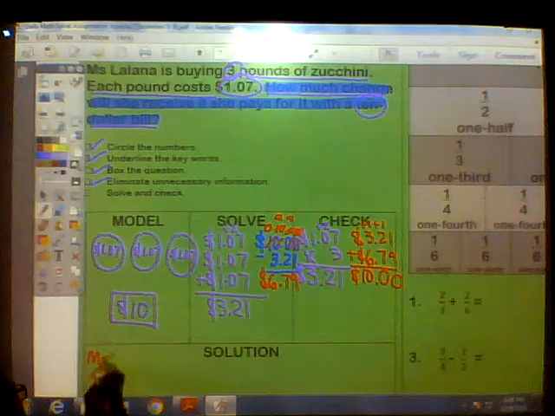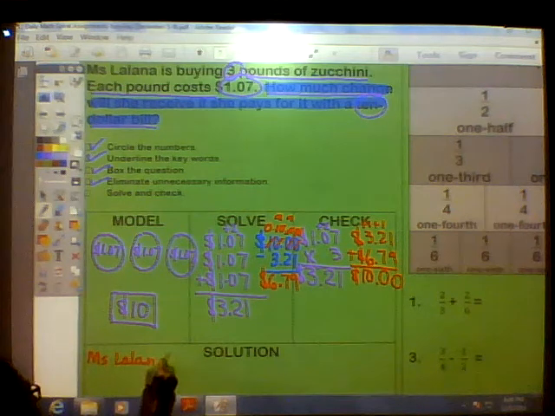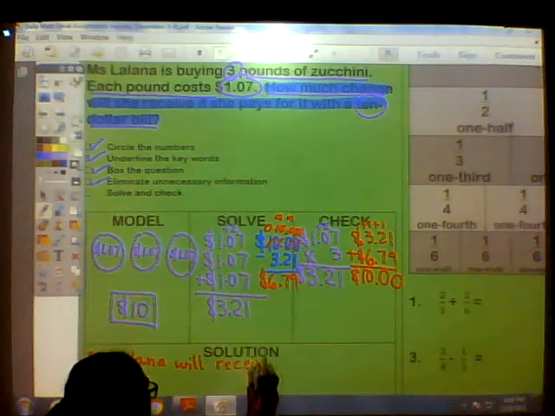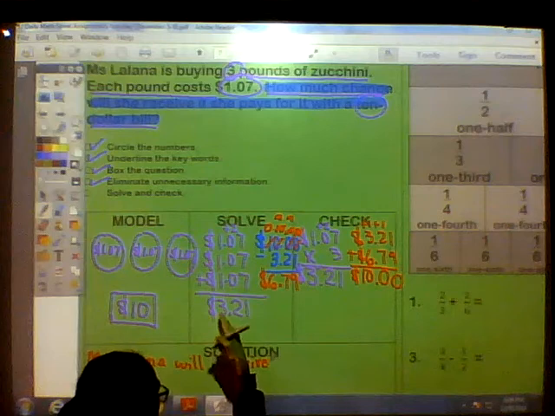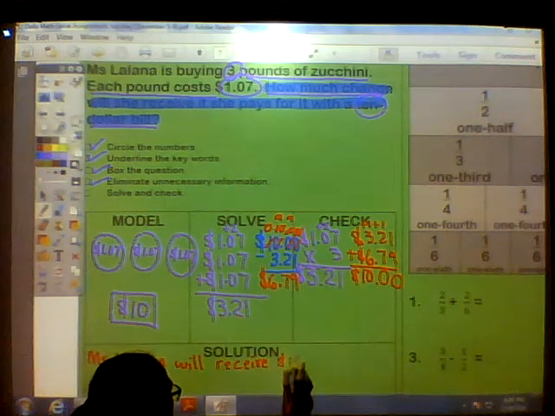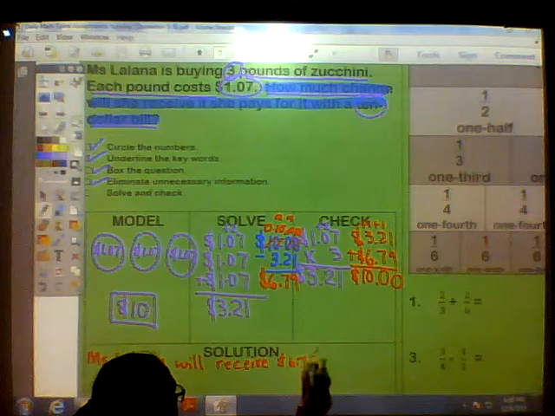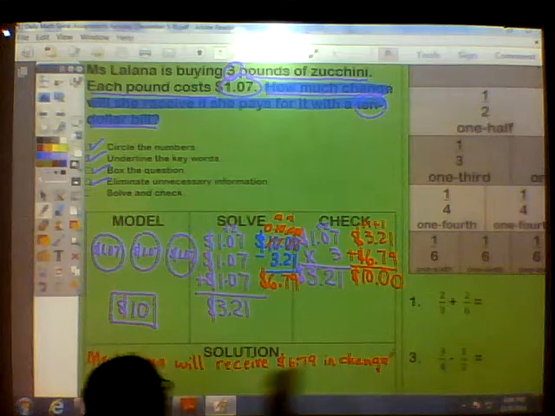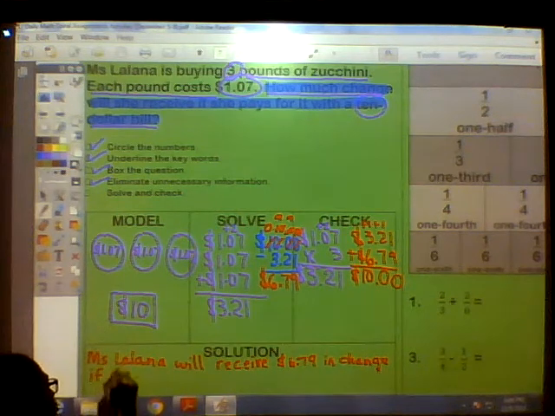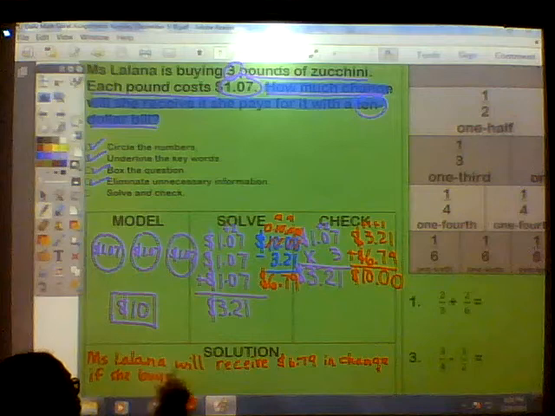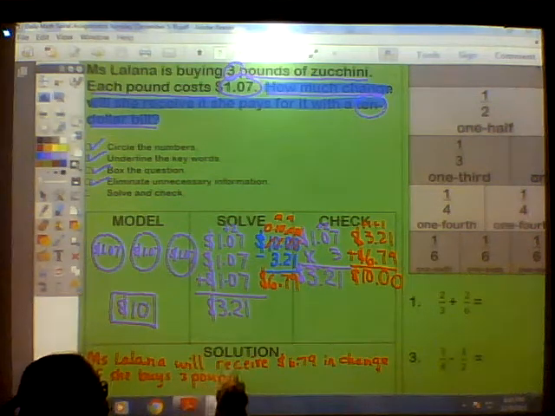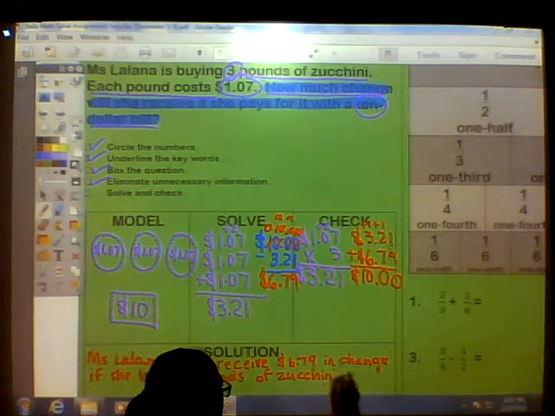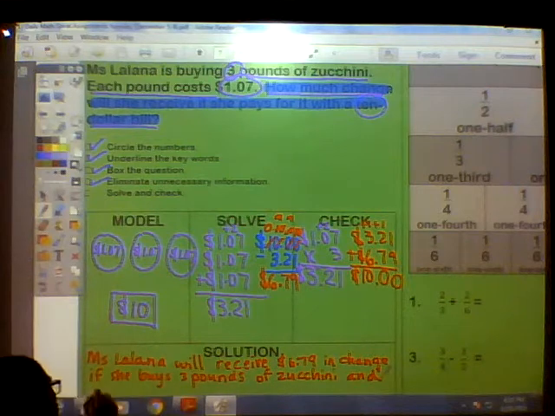Miss Lalana will receive how much? Not that, that's the total. $6.79 in change if she buys 3 pounds of zucchini and pays for it with a $10 bill.